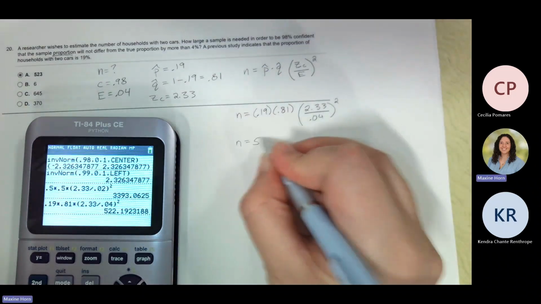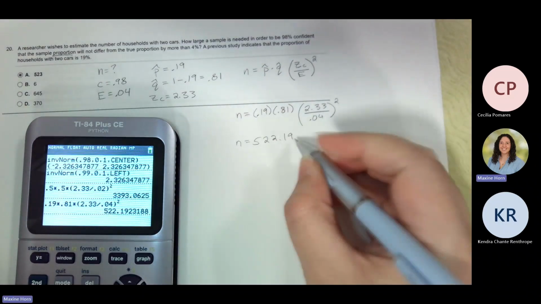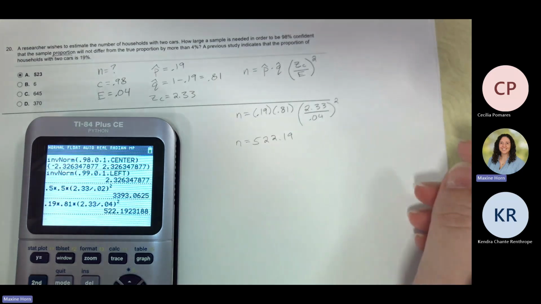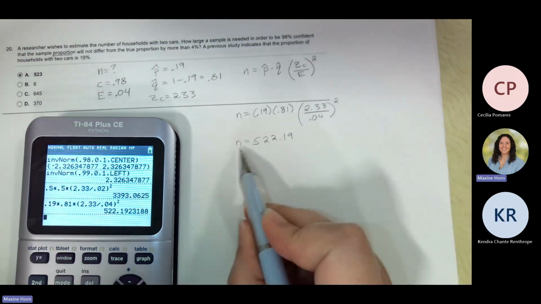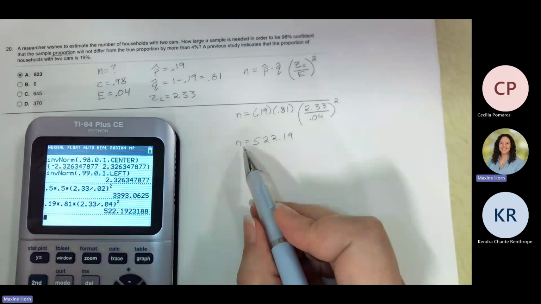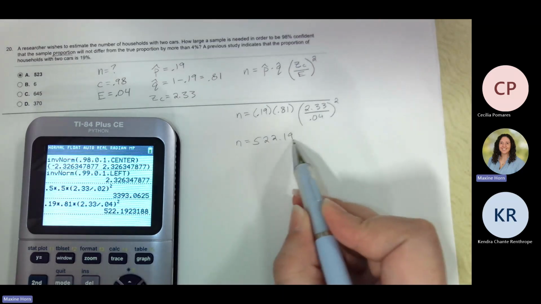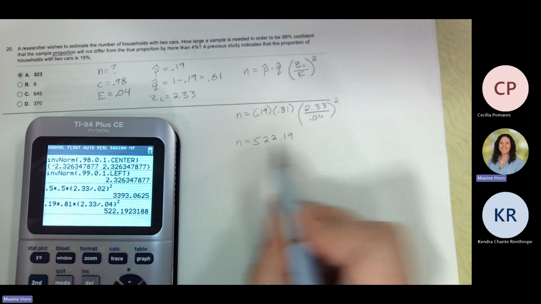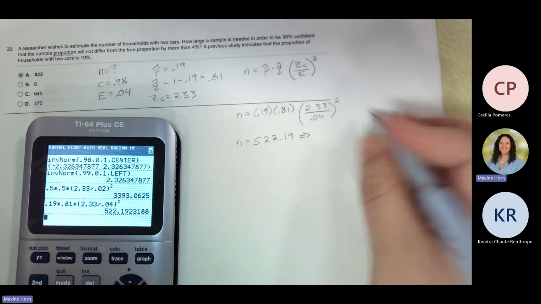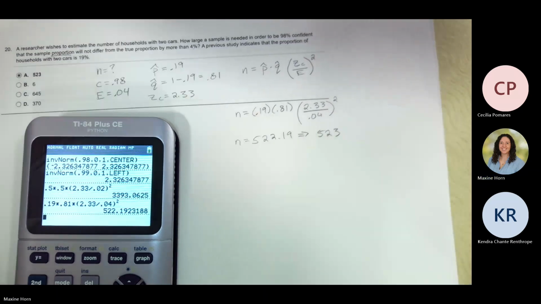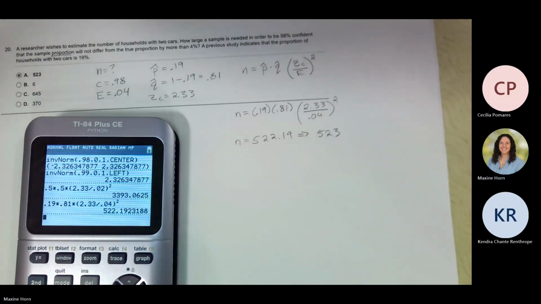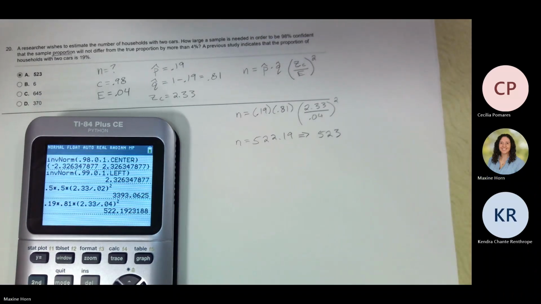And we have this n value. It goes on for a few more decimals. And we remember, n is the number of households that we need to look at. We can't have a decimal. This is the bare minimum. So we have to go up to the next whole number. So you got to remember this formula.